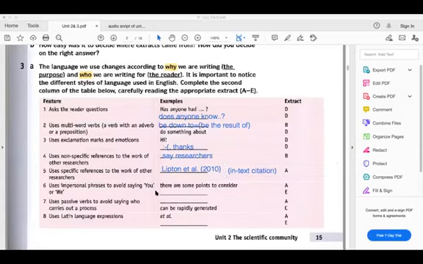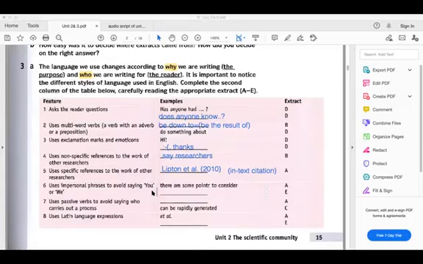Number 6, use impersonal phrases to avoid saying you or we. When we write something that is formal, right? A formal piece of writing, for example in an academic paper, we don't say I, we don't say you or we. No, we write in impersonal phrases.